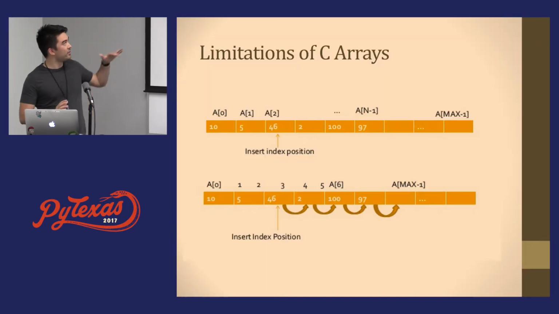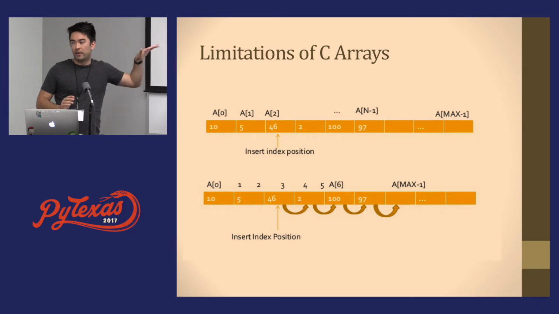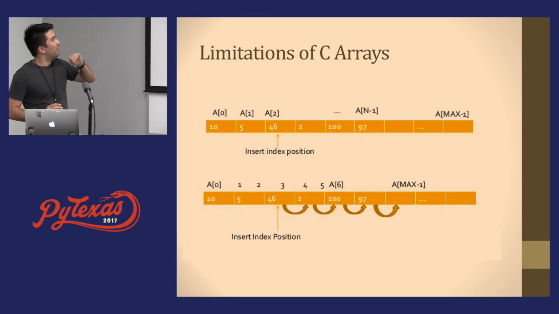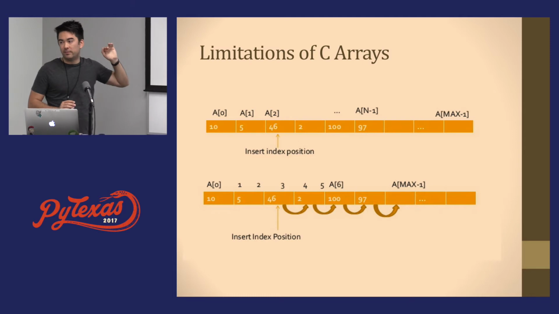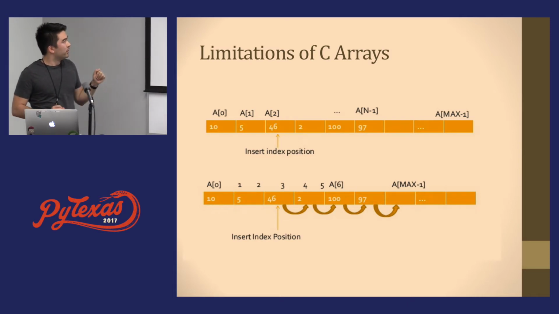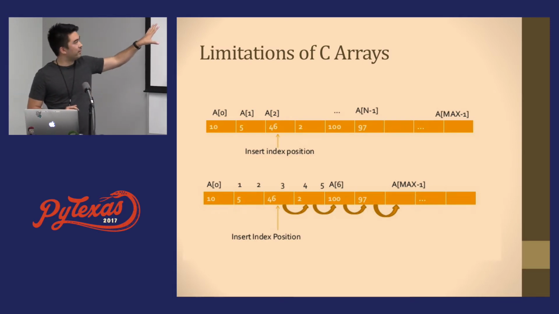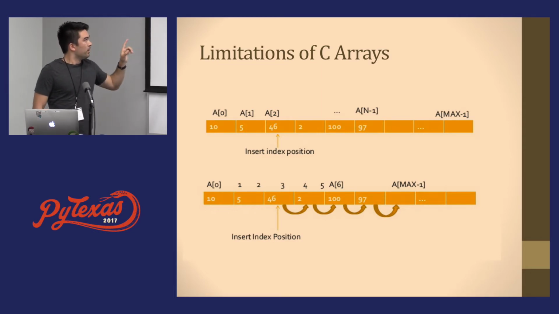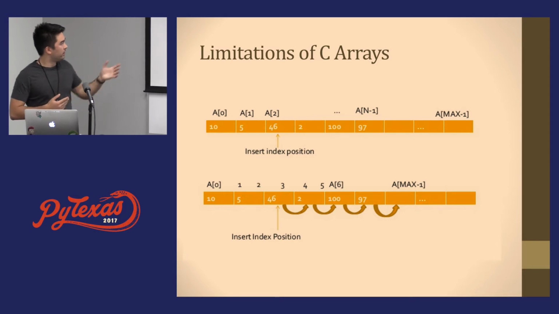So again, it turns out it's a low-level detail that you need to know here. It's a fundamental limitation of C arrays. So we're going to take a simple example here just to illustrate. Say we want to insert an entry into the middle of some array we've already got going. Ideally, you would just want to leave everything else the same and just stick your new element in there.